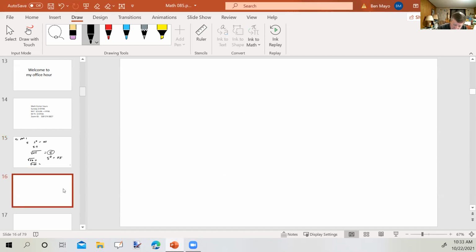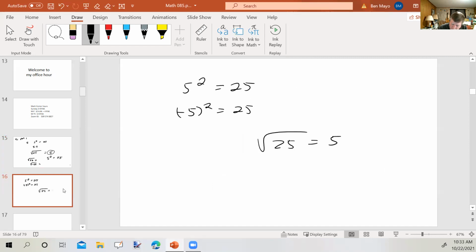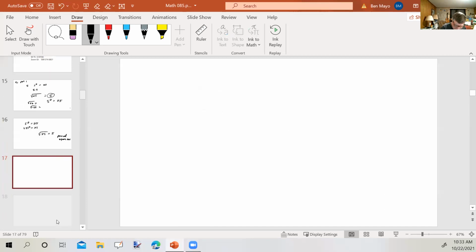Now, 5 squared equals 25 and negative 5 squared equals 25. But when we take the square root of 25, we just get the positive root of what is called the principal square root.